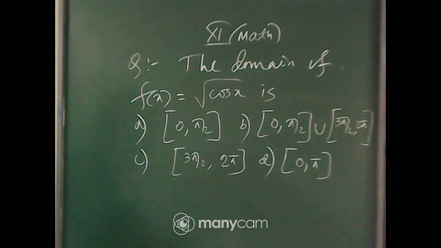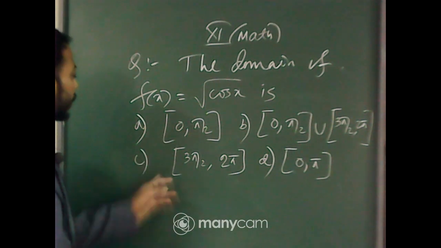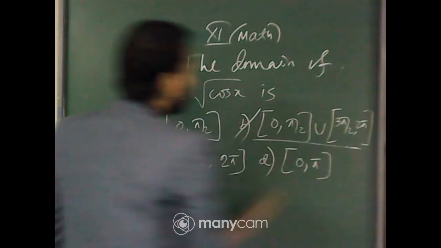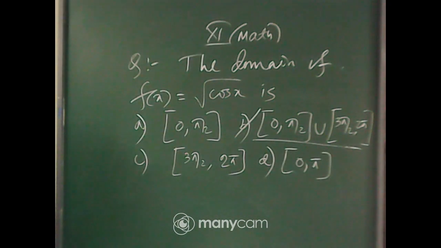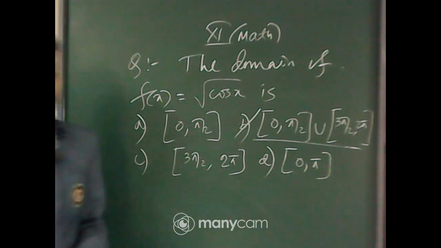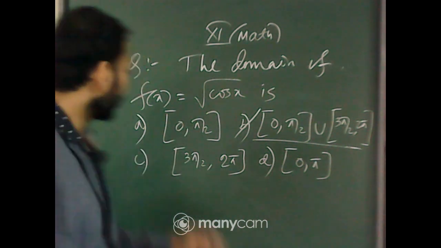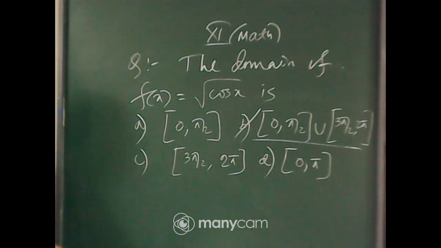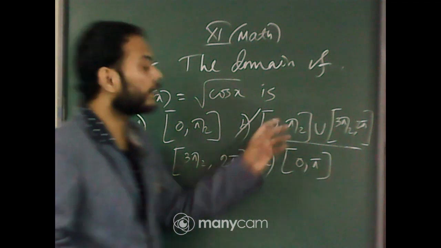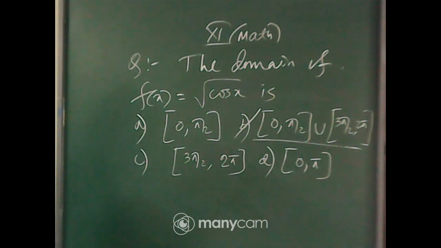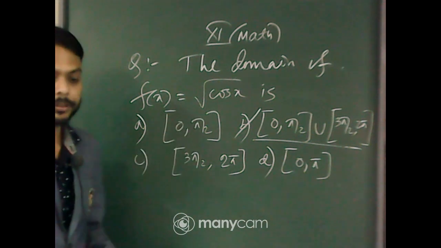Option A is partially true. Option C is partially true. Because this is the first quadrant and this is the fourth quadrant. But the union of the first quadrant and the fourth quadrant is the actual answer here, because this is the cos function.